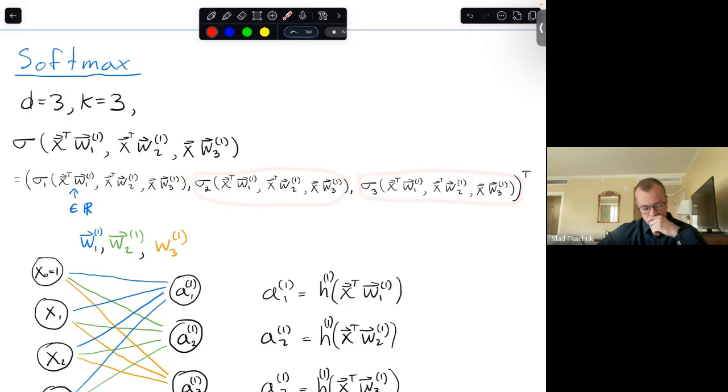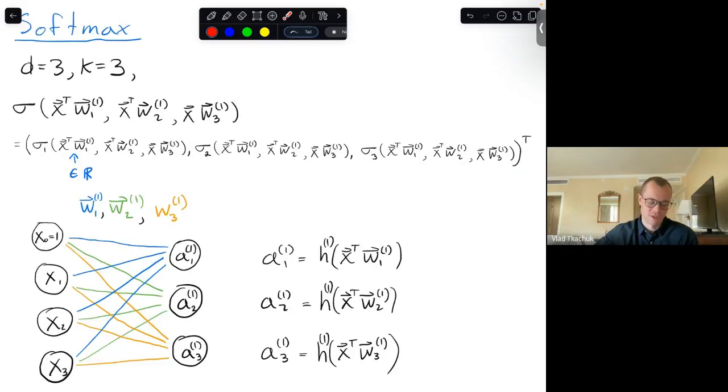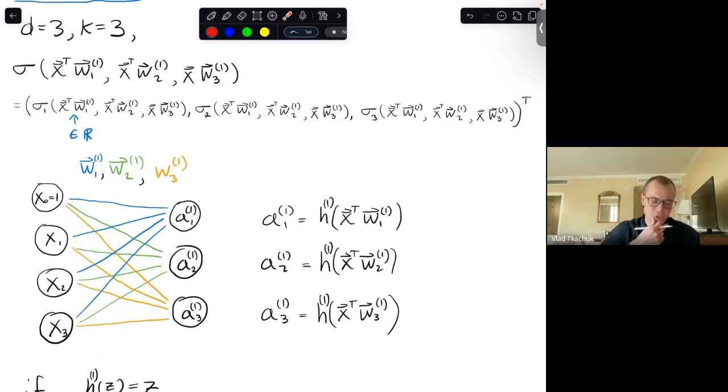Okay. But the critical thing to note is that to do this normalization and to ensure that it sums up to 1, you really need to know all of the three values, the three predictions. And this is not super easy to do in a neural network with just one layer, let's say. And so if you try to do this in a neural network with one layer, what you'll find is that this activation here can only depend on these previous values.